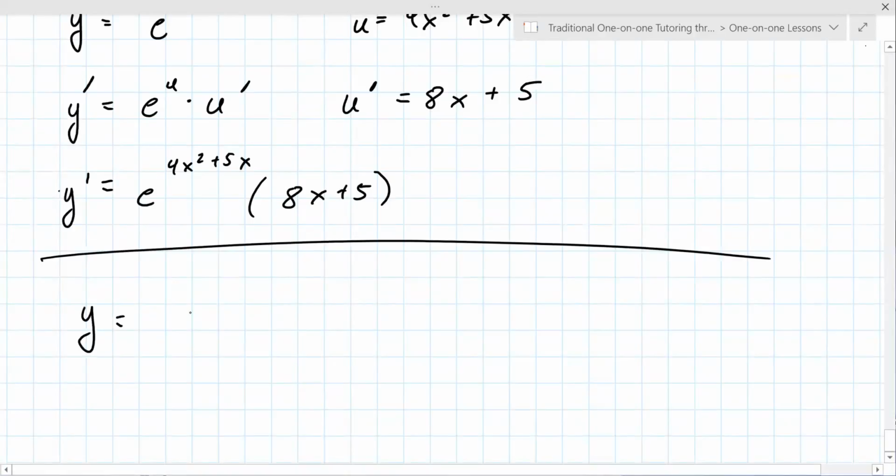So let's say y equals e to the 3x squared plus 2x. Okay, I'll do this.